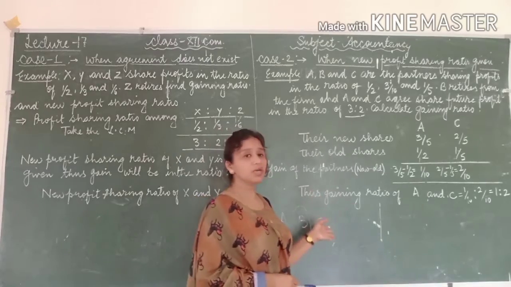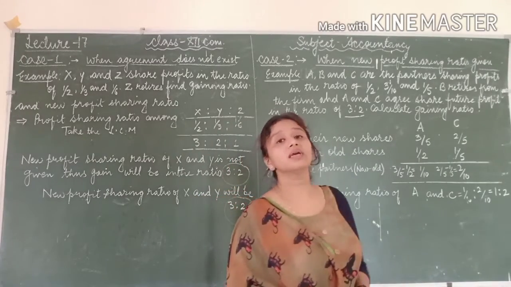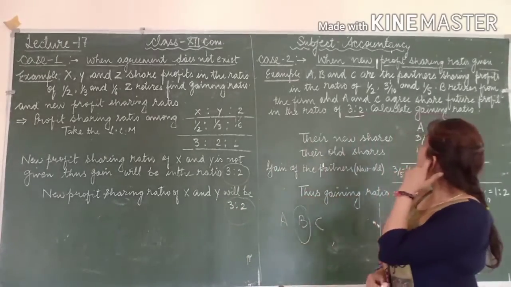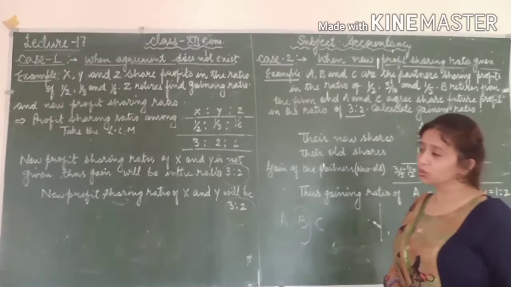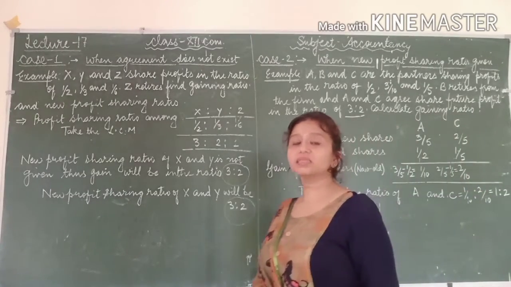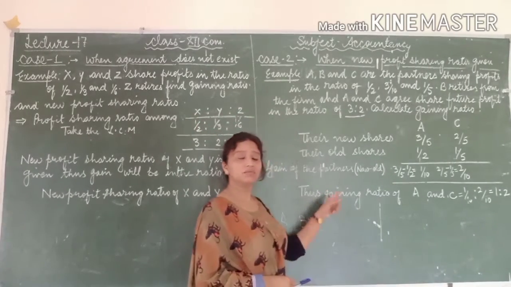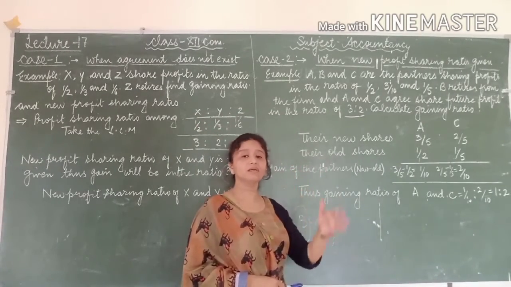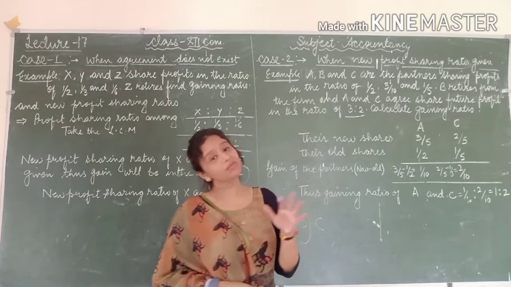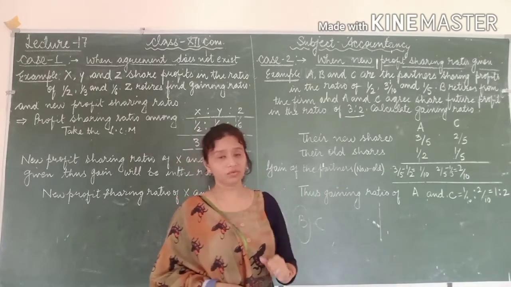In this way you can find out the gaining ratio when the profit sharing ratio is given to you. One more question arises. It is not always that only the retiring partner has a share in the goodwill.